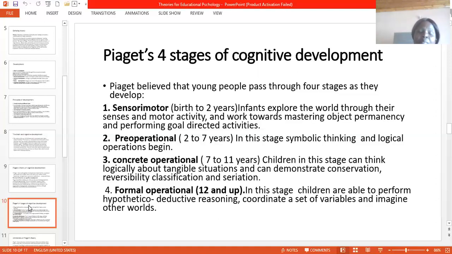Most of our children in the primary school are between 6 years and 12 years. Most of them are in this stage, the concrete operational stage. They can think logically about tangible situations and can demonstrate conservation, reversibility, classification, and seriation.